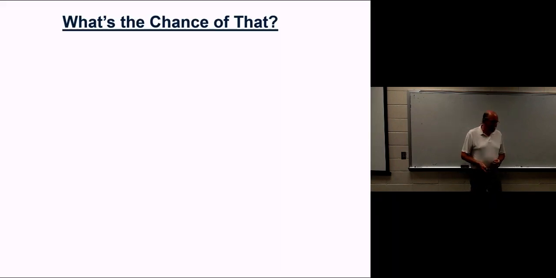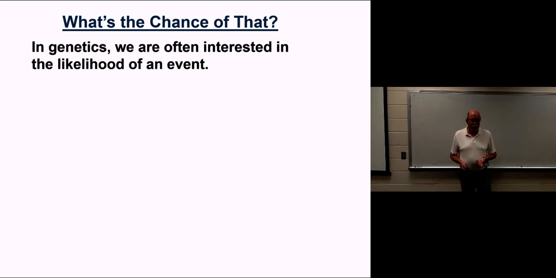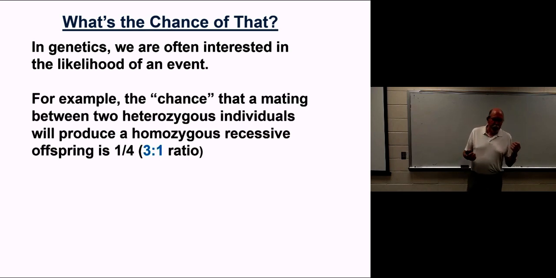All right. So basically, we're asking, what's the chance of something happening? Okay. In genetics, we like to know the likelihood this occurs. For example, if you cross two heterozygous individuals, what's the probability that one of their children will be recessive or whatever? Okay, it's used constantly in things like genetic counseling, where we look at the individuals who try to figure it out.